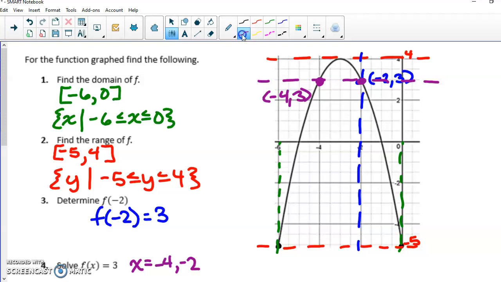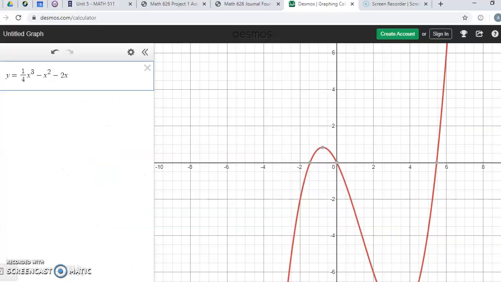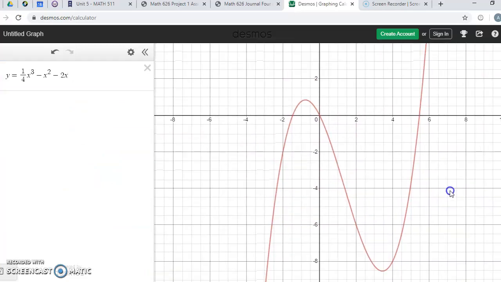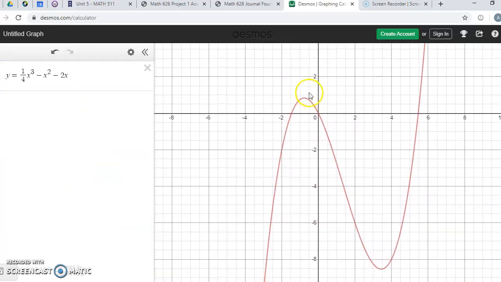Other thing I just want to bring up quickly for you as you are working through some of these problems, you may also employ Desmos. So keep in mind, Desmos, this is the function that we graphed on that graphing calculator in the first example. Desmos can also help you to find maxima and minima.